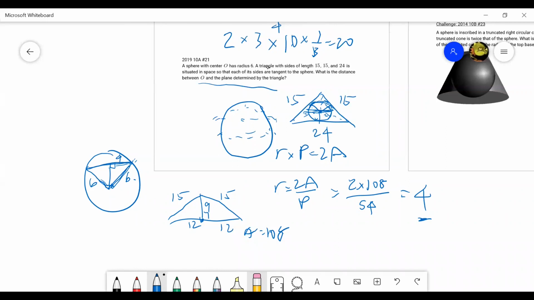So that's why I can just draw the height and say its length is 4. And lastly, we just need to know this length. This is just from the Pythagorean theorem, 6 squared minus 4 squared, which is equal to the square root of 20, or 2 root 5. And that would be it.